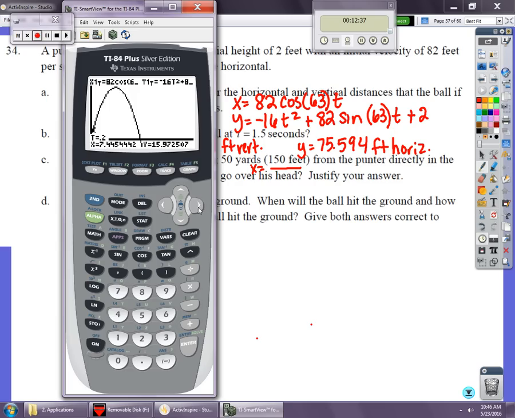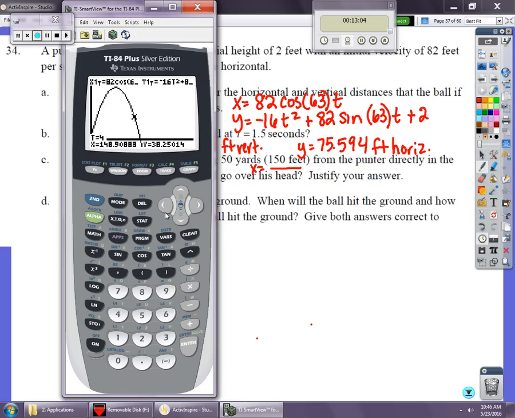I want to see when I get close to 150 feet. So I'm going to scroll, and I'm going to try to get close to 150 feet.